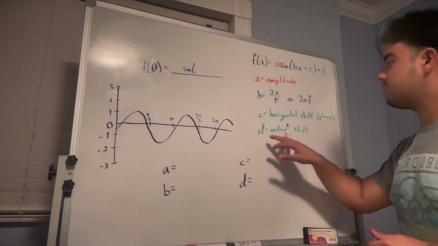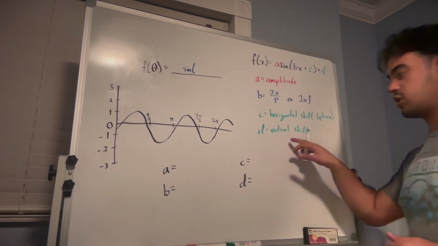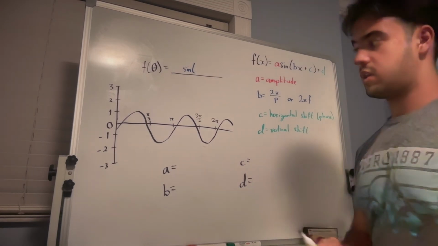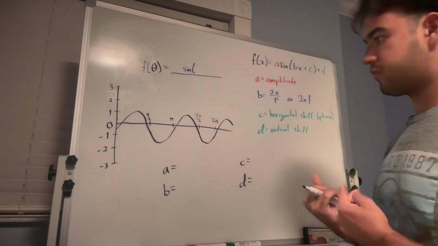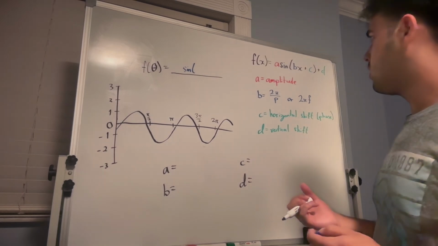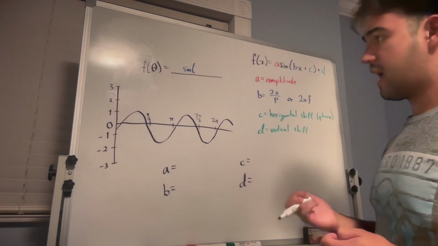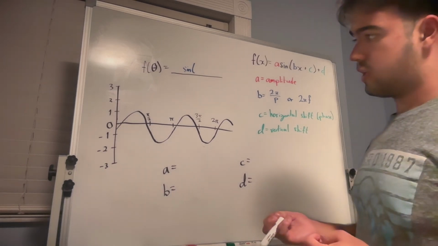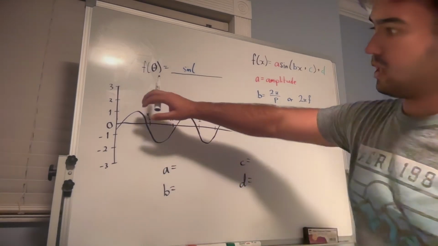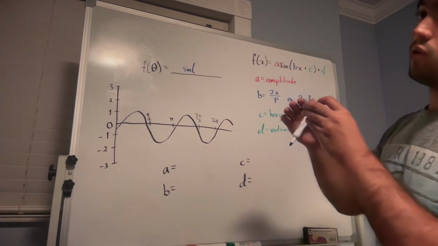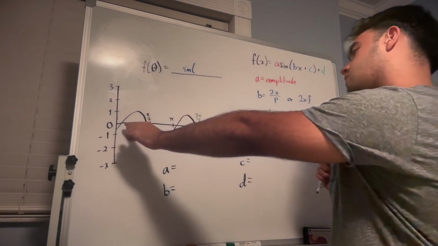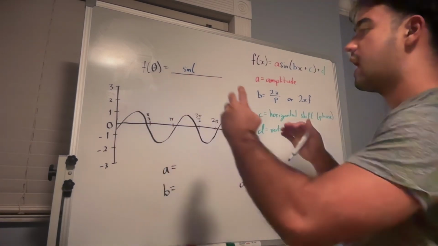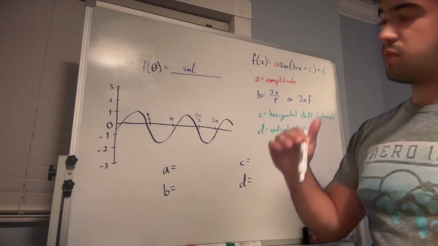And then d is the vertical shift, which basically says how much did the midline itself move. And how we can find this is we take our amplitude, and we can find how much the amplitude differs from the maximum value of our function.